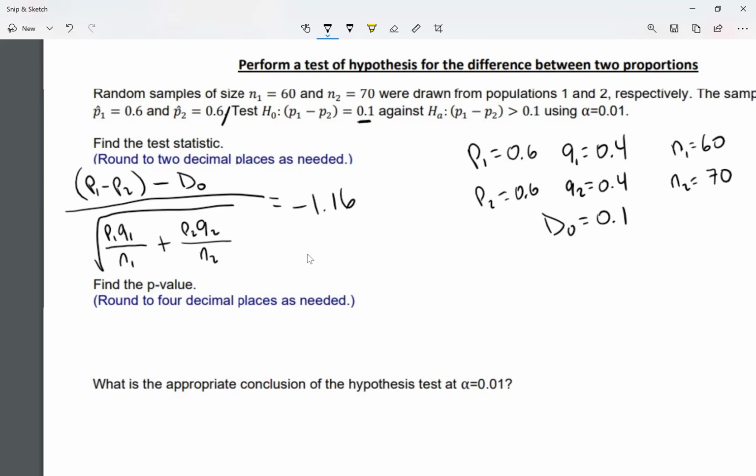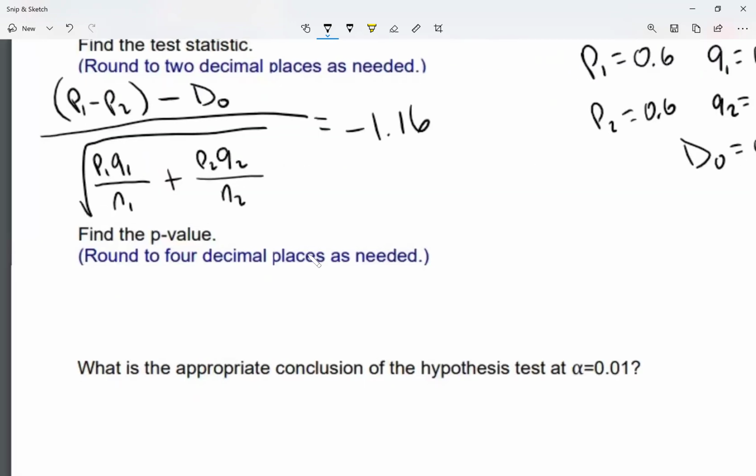Now let me find my p-value. I'm going to be using my test statistic here. According to my z-score table, like I said, I did not give you guys the z-score table because you should have it. We dealt with it before. I'm going to look for my probability with 1.16, and I get 0.377.